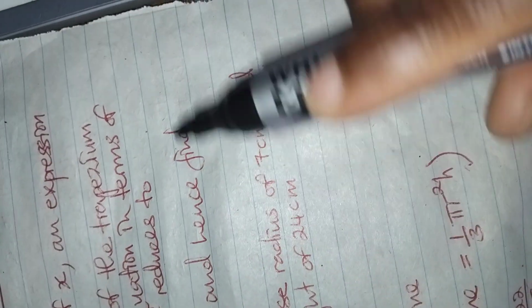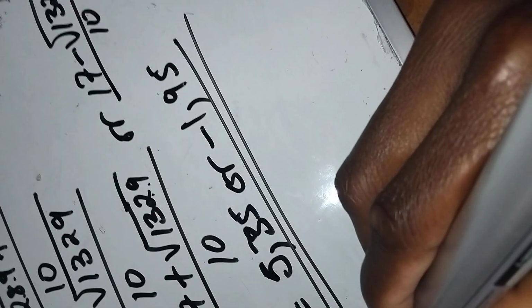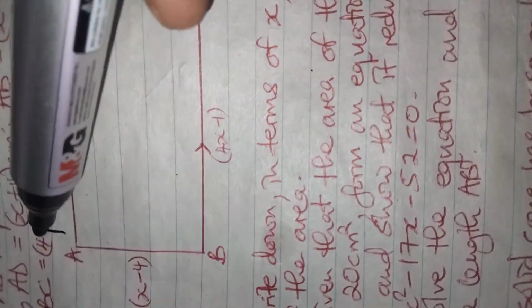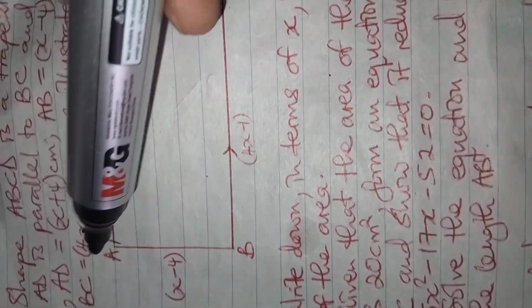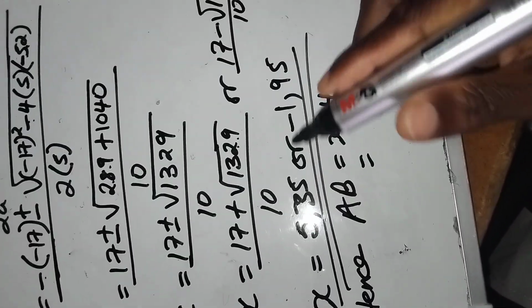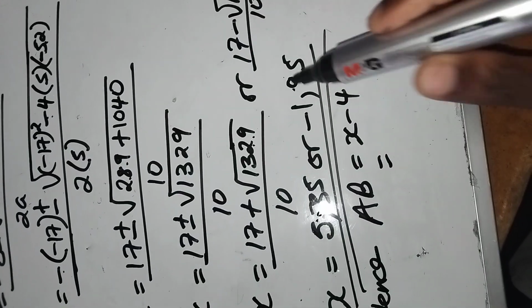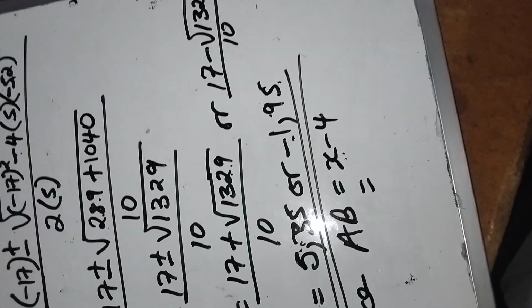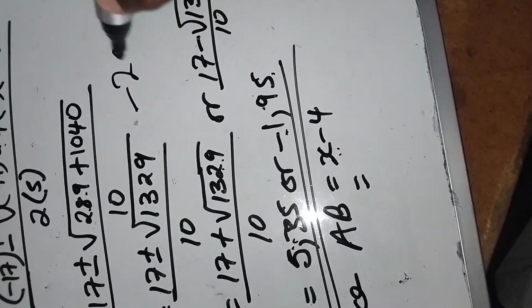Then it says hence find the length of AB. So the length of AB on our diagram is AB is equal to x minus 4. Here we take the positive value of the two, because if we take the negative value it gives a negative length, negative 2 cm.